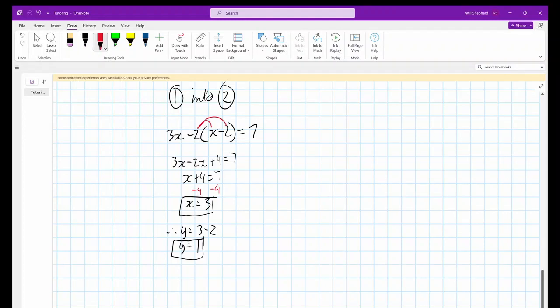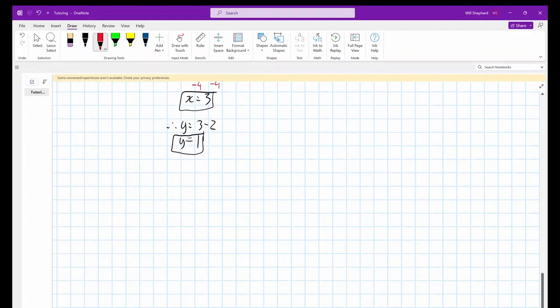Okay, moving on to 2e now. The equations that we have are, the first one is y equals x, and the second one is 4x plus 3y equals 7.